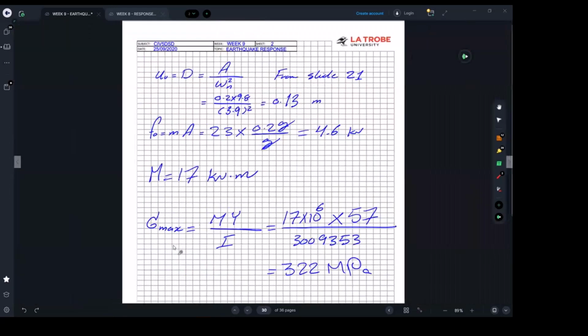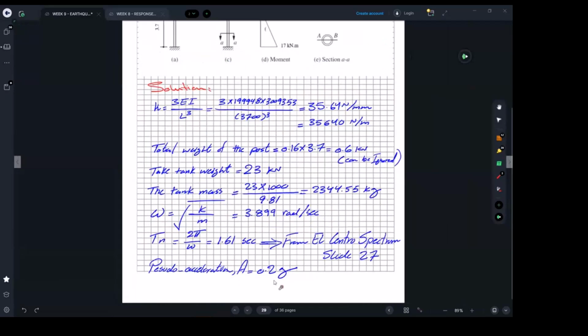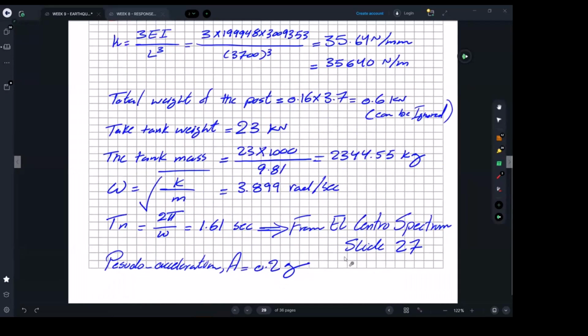So can you all double check if you all agree with this figure? Do you all agree with this figure?